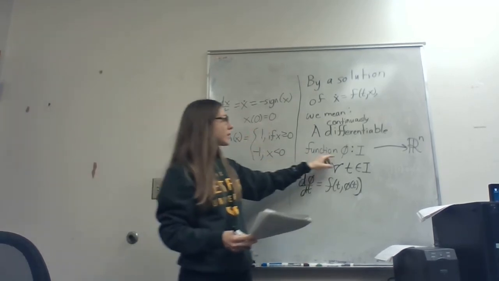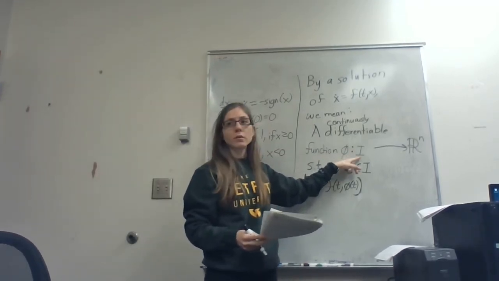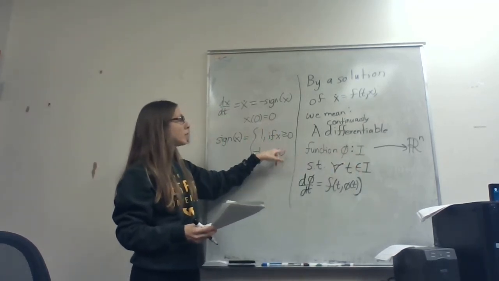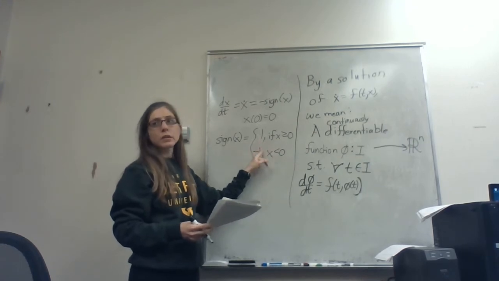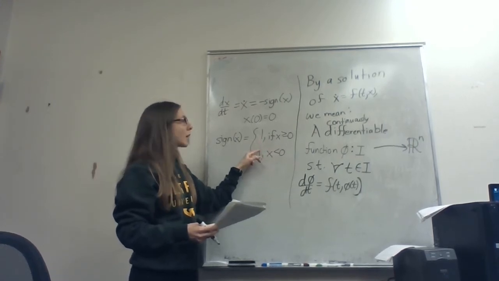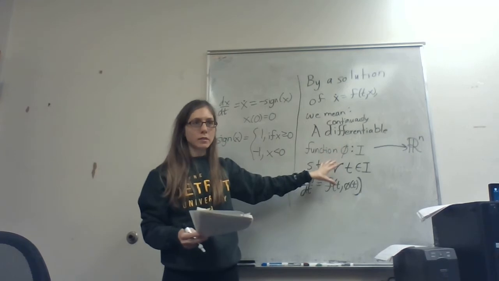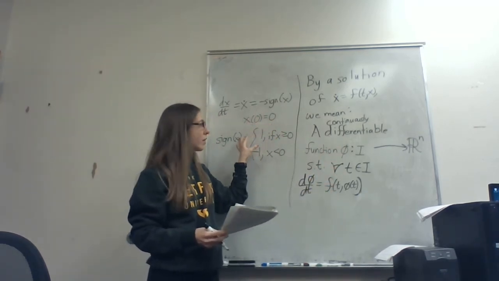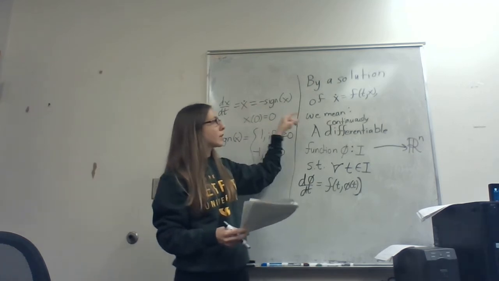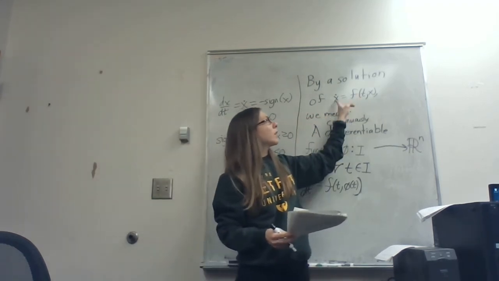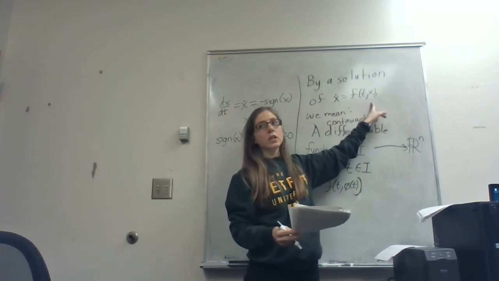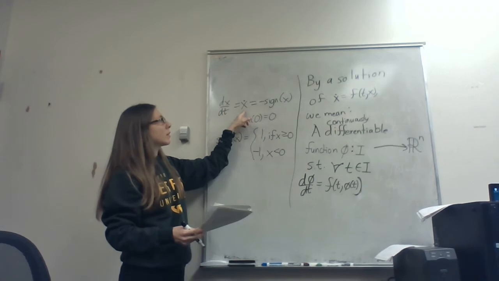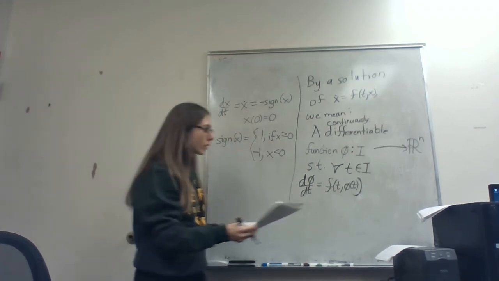We're not satisfying this because we needed it to be continuously differentiable on the time interval, and we're starting at a point where it would not be. So in this sense, there is no solution to this differential equation, because fundamentally there will never be an x whose derivative equals a continuously differentiable function.